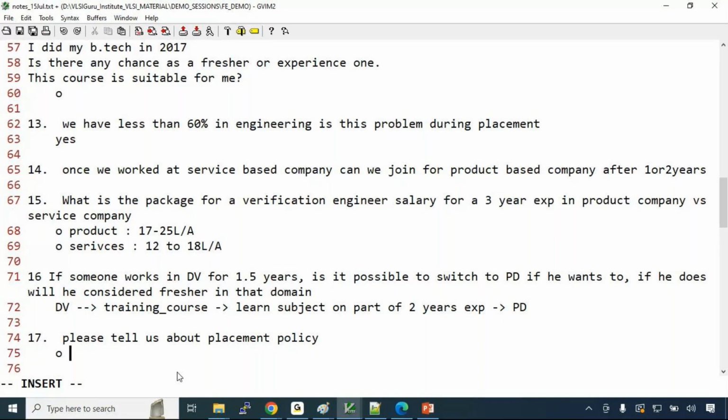I will not tell you by February you will get a job, because placement is completely market driven, market condition driven. Having said that, the institute doesn't create the opportunities, right? The institute only creates people who are very well trained for the opportunities. The opportunities are created in the market. So our expectation is that we should give you that confidence where you know that you can get a job.